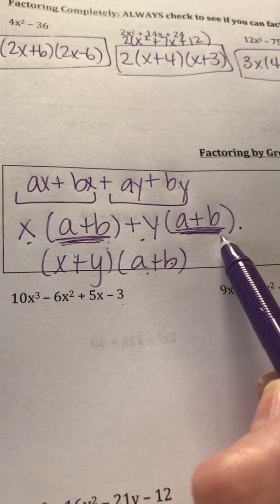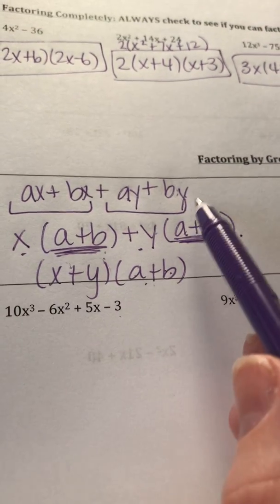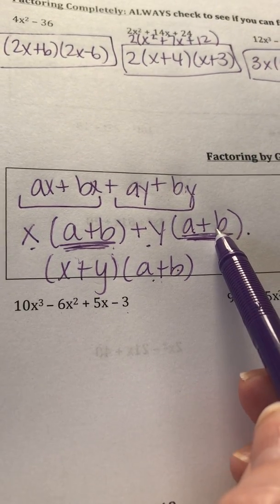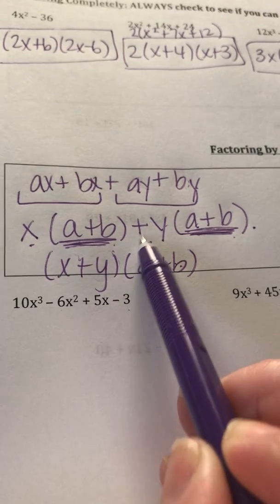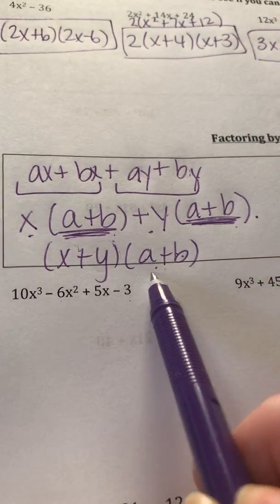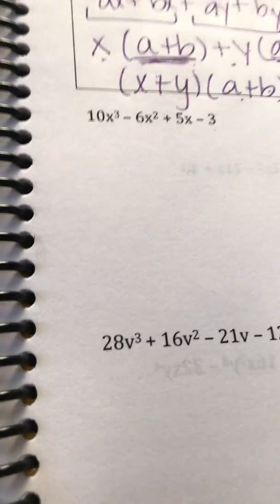This is what your solution would be. This shows us a middle step. So when we factor it, we know that X plus Y is one factor, and whatever you have in the parentheses, the A plus B, is the other factor. So let's give this a try.